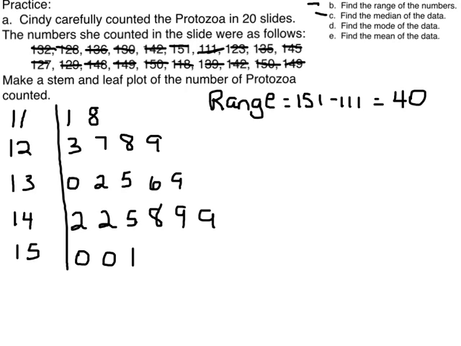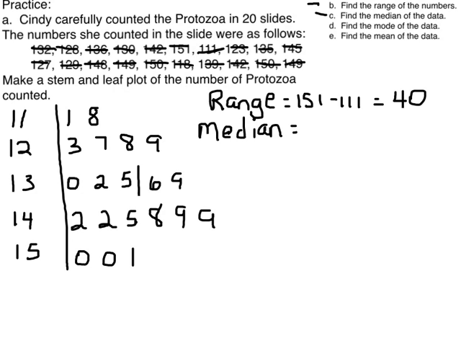All right, and then it says find the median, which is the middle number of the data. And so if we have 20, the middle number would be, let's see, 1, 2, 3, 4, 5, 6, 7, 8, 9, 10, 1, 2, 3, 4, 5, 6, 7, 8, 9, 10.